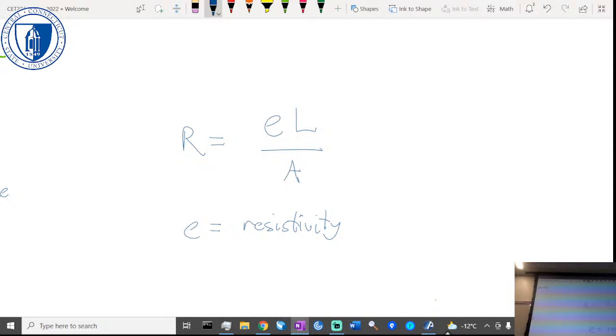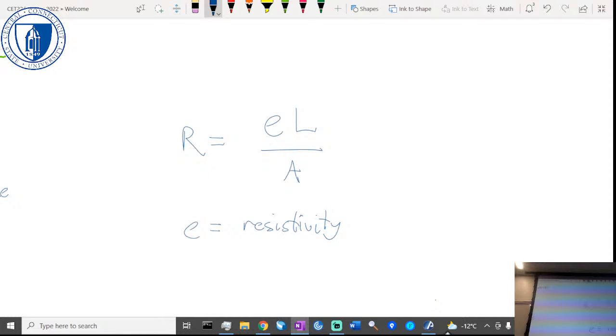Resistance is measured in ohms and is a quantity of a resistor, a thing you can measure about resistance. Other things too, but resistivity is measured in ohm meters and is a material property. If I change the material, I change the resistivity.